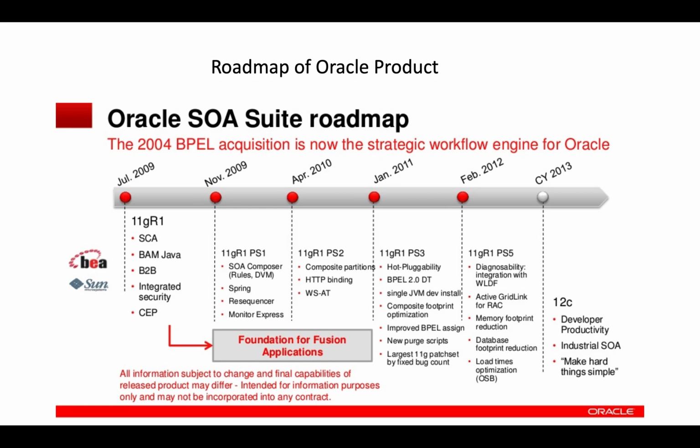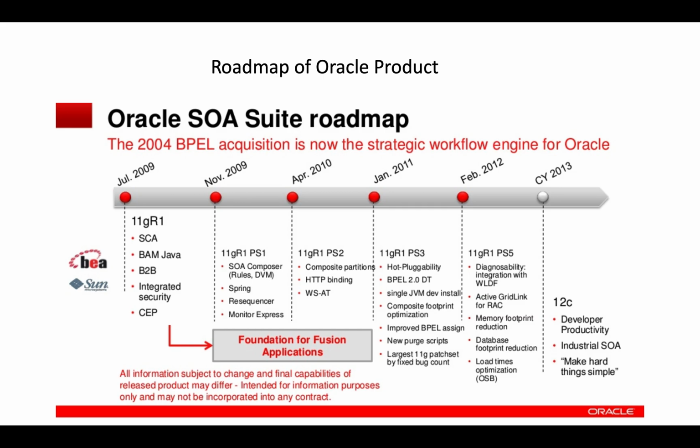We start with this SOA composite application, like the SCA BAM. The BAM is like a dashboard to see your KPIs. And in November 2009, they also started using SOA Composer, roles, DVM, Spring, and other features.